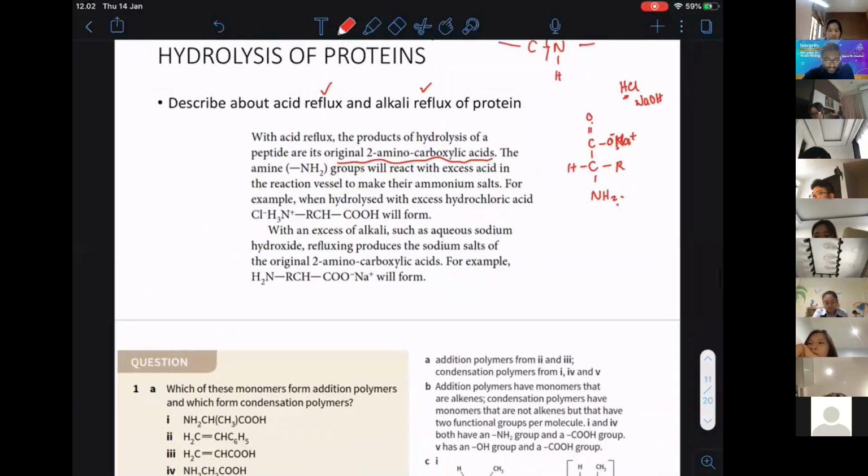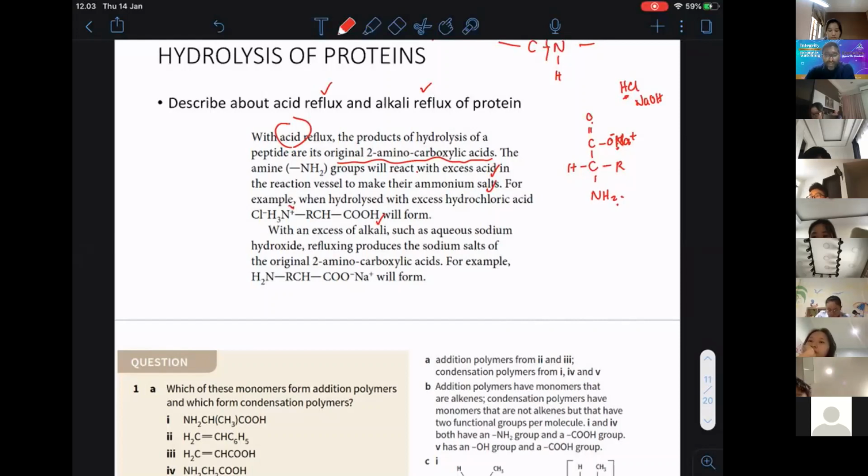So this is what they say: the amine group will react with the excess acid to form the ammonium salt. So like this is going to be formed. If you are going to get the amino acid, but you are using acid, acid will react with the NH2 part, and they will give you this one.